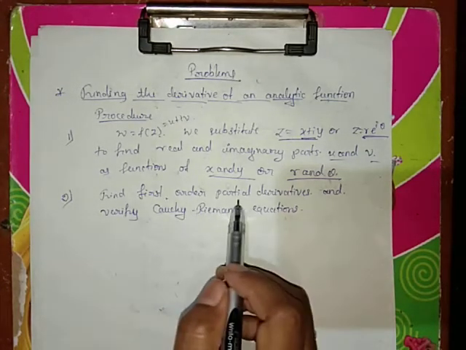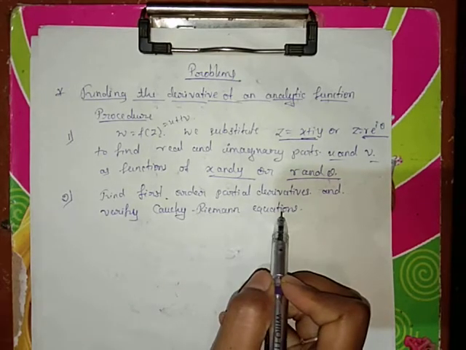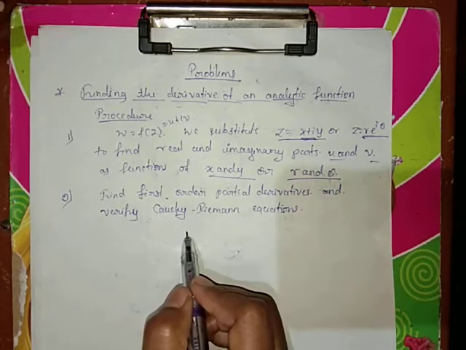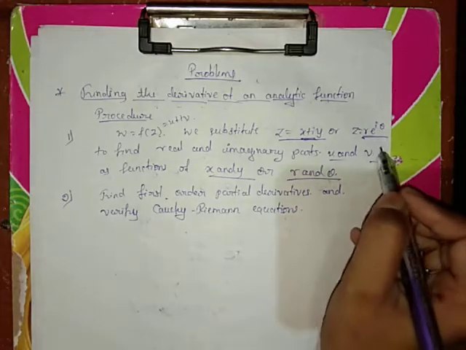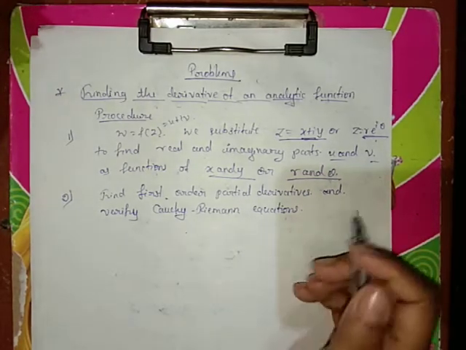First we have to find the first order partial derivatives and in the second step verify the Cauchy-Riemann equations. If you took the function in terms of the Cartesian form, then verify the Cartesian form of the Cauchy-Riemann equations. If you took the polar form, then take the polar form of the Cauchy-Riemann equations.